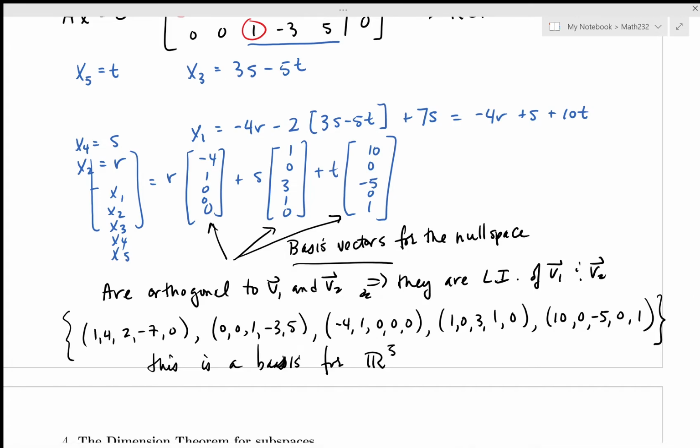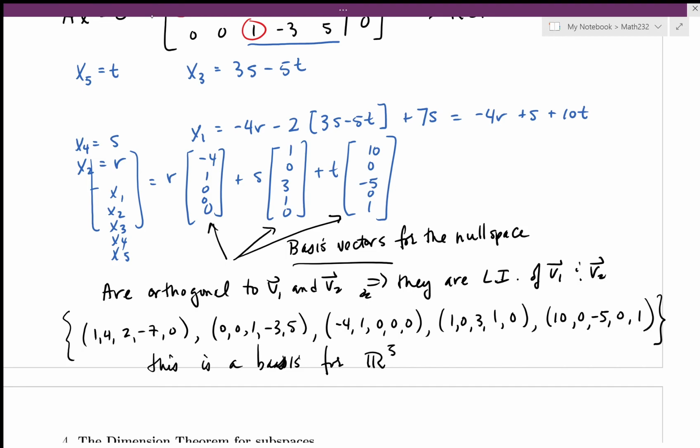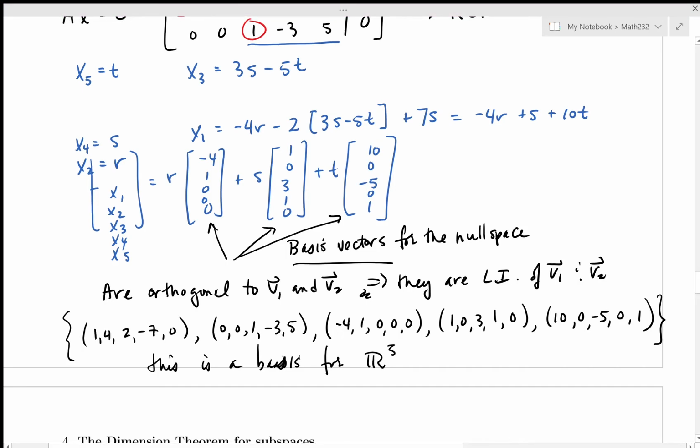What else do I want to say about this? Let me just show you via an example. You should check them all yourself. First of all, it'll identify if I've made a mistake, and also you maybe gain some insight about what's going on. So, for example, here's one of my new vectors. Let's take the dot product: 1, 4, 2, minus 7, 0, dot minus 4, 1, 0, 0, 0.